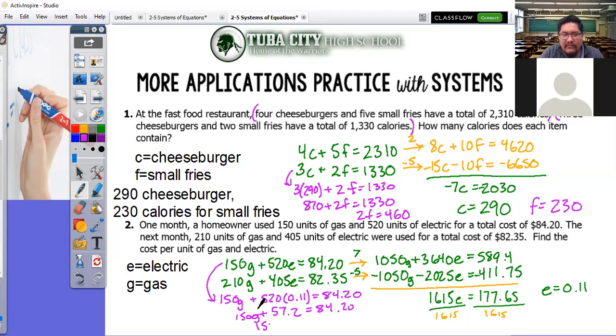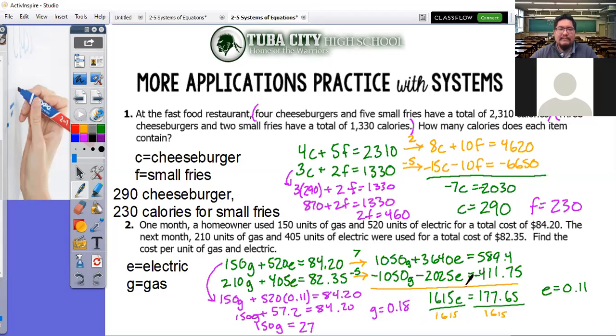So for 150 units of gas, I'm going to have to subtract 57.20 from both sides, and that would be 27. So 150 units of gas is $27. So I'm going to have to divide both sides by 150, and this comes out to be gas equals 0.18. And that's the second part of the solution.